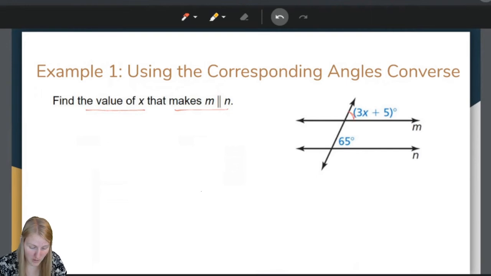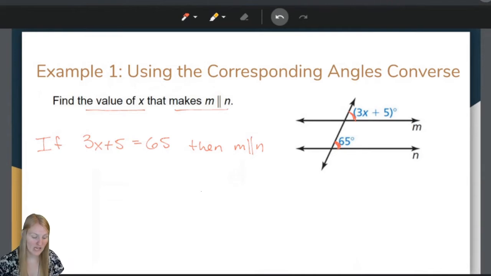So, this angle right here, 3x plus 5, and 65 degrees, these angles are corresponding angles. So, if 3x plus 5 equals 65, then m is parallel to n. So if we solve this for x, we'll get a value for x.